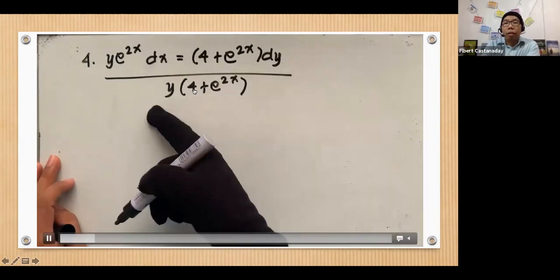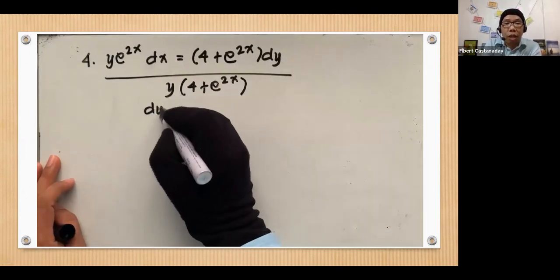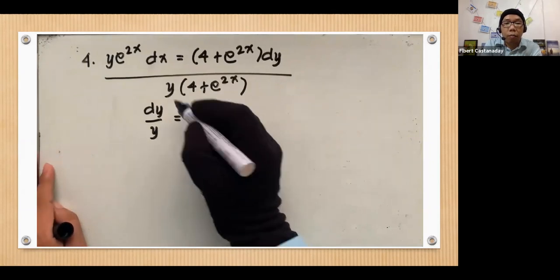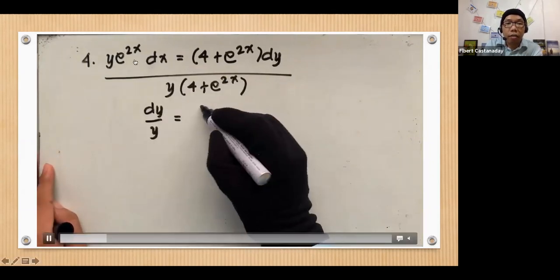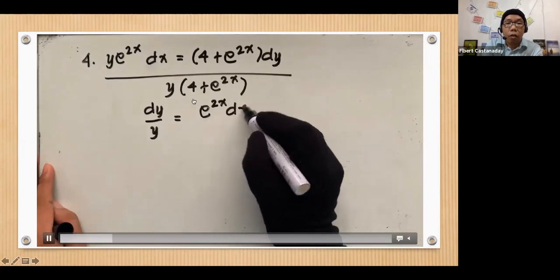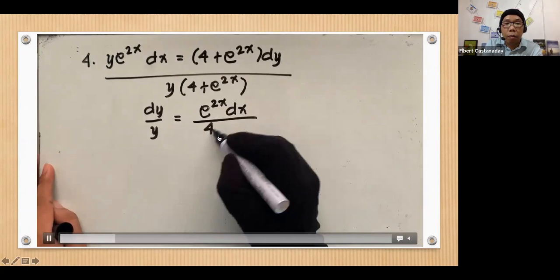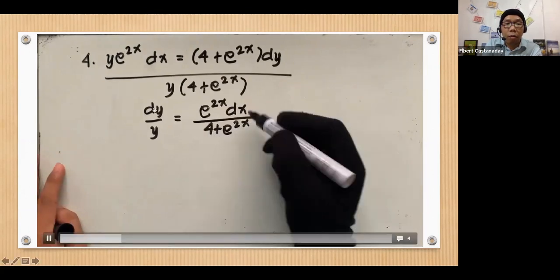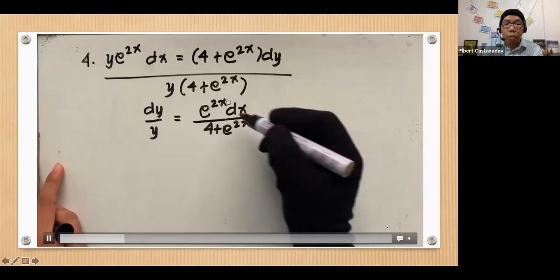Now we will interchange their positions. So we have dy over y equals e raised to 2x times dx over 4 plus e raised to 2x. Now this is a pure function of y, and this is a pure function of x.